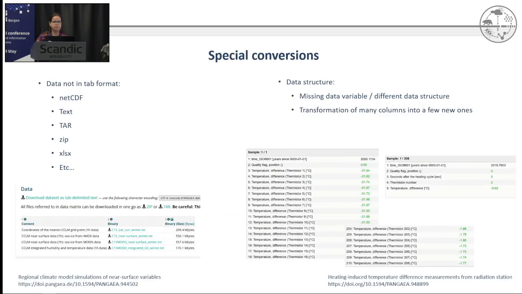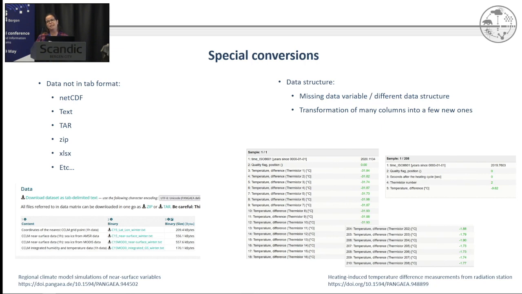Why do we need special conversions? Pangaea is a data lake. And in Pangaea, the authors, the data creators, can submit the data in whatever format they want. So if I want to submit it as a text file, like the data here on the left side, I can. If I want to submit it in the tab format, which is the standard way, I can. I can submit netcdf and so on.